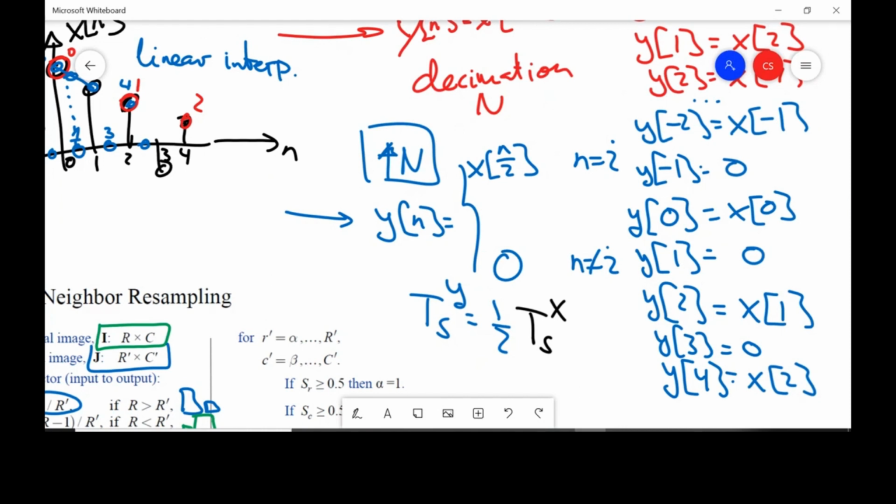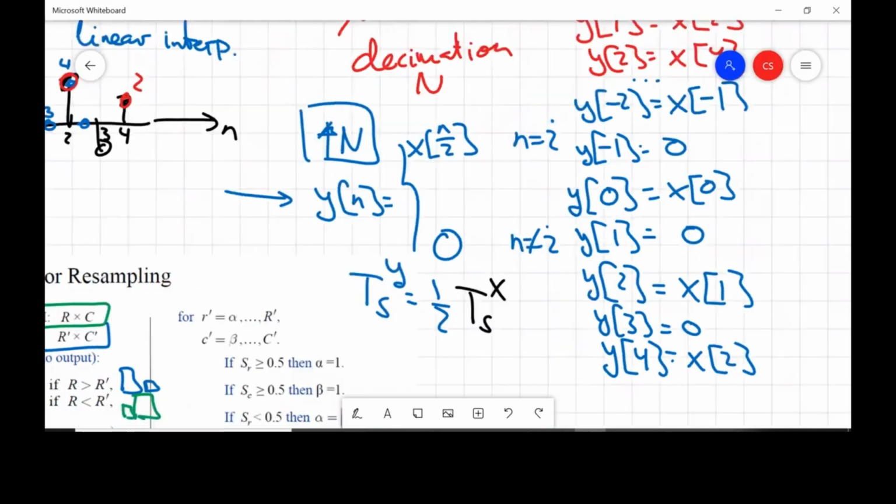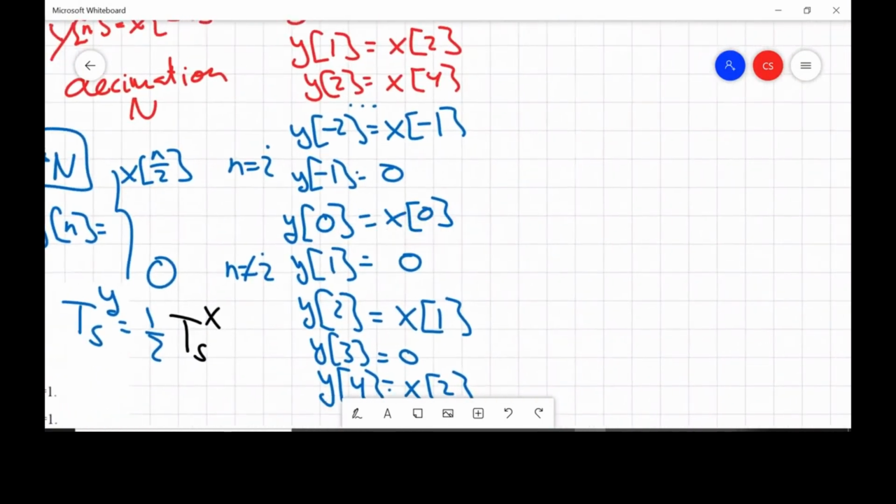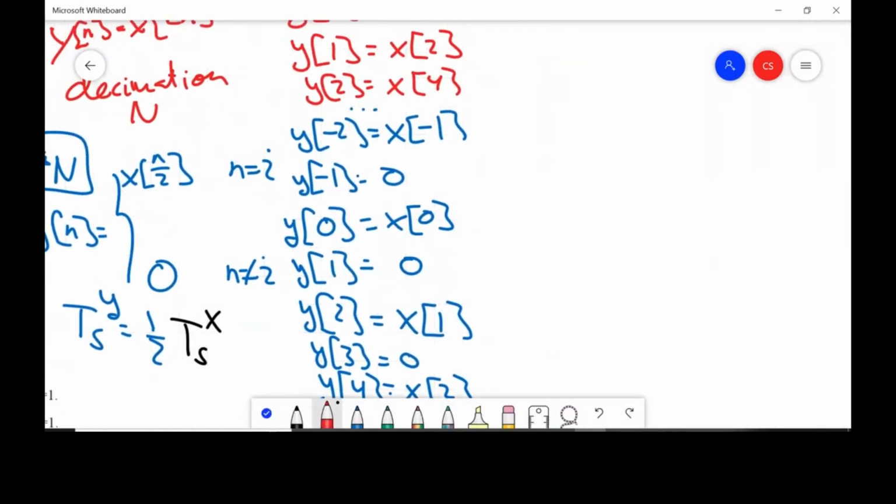So if I leave just this transformation, let's write it in blue again. Here you have the fractional coordinates: y of 1 is x at 1/2.